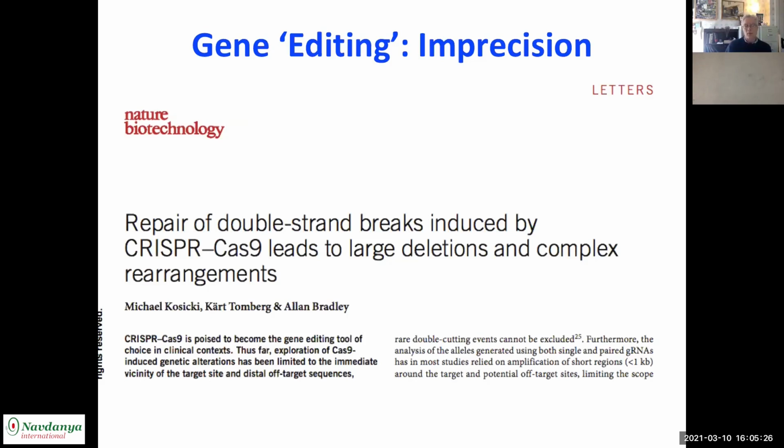There were some papers published before this, but the research community felt that they could ignore that because the authors of the research were not famous, and there were calls for their papers to be retracted as they couldn't possibly be true, and so on and so forth. But eventually, with the publication of this paper, it became acceptable in the scientific literature to argue that there was imprecision at gene editing sites.